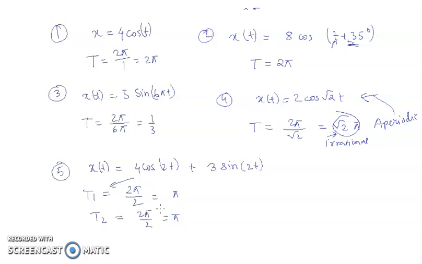When two signals are added like this, we need to find the LCM of the two time periods. So overall time period T is equal to LCM of π comma π. LCM is the least common multiple, so it is nothing but π here. So this is the time period.